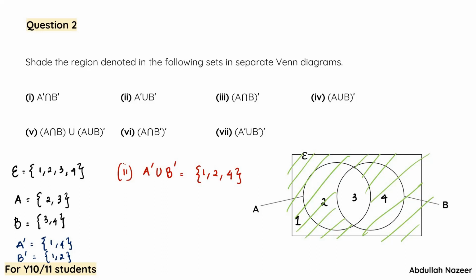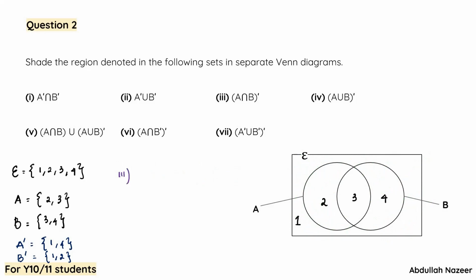Alright, now let's go to the third question: A intersection B complement. In order to find A intersection B complement, first we need to find what A intersection B is. A intersection B is the number that is common to both A and B, and that is the number 3, because 3 belongs to both sets A and B. So A intersection B is 3.